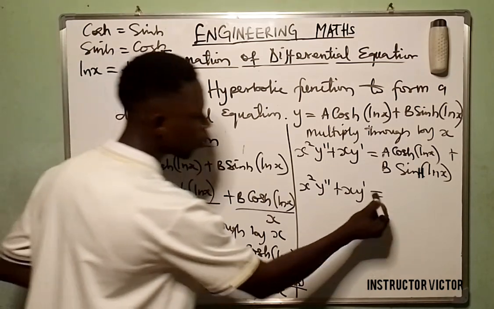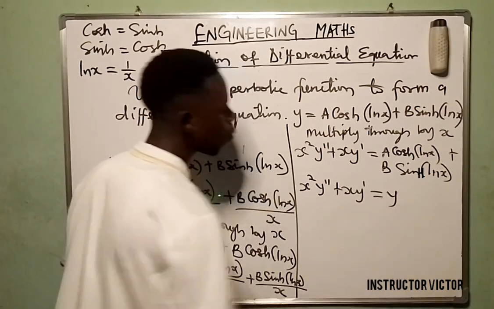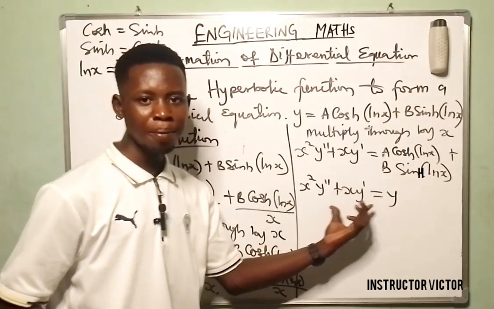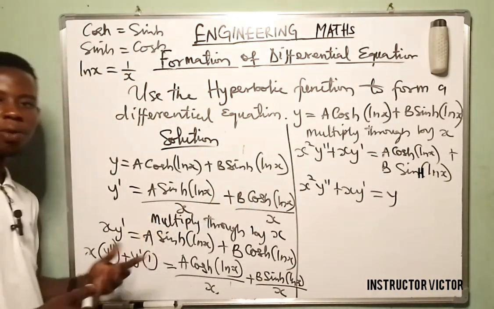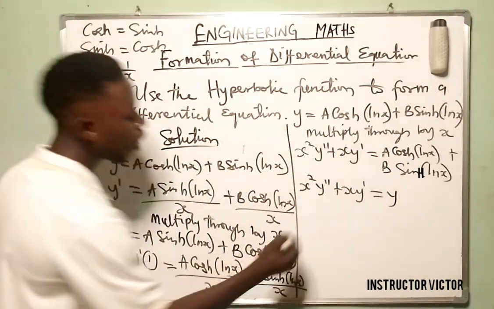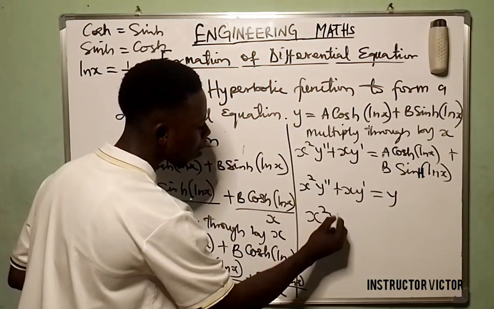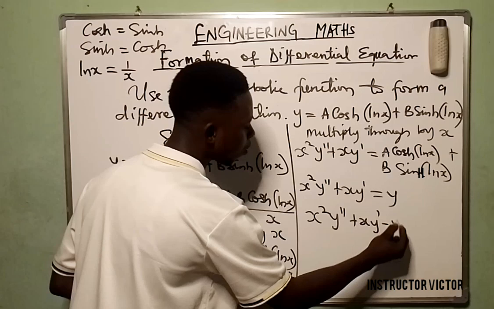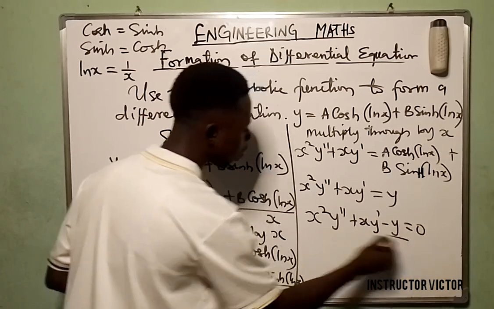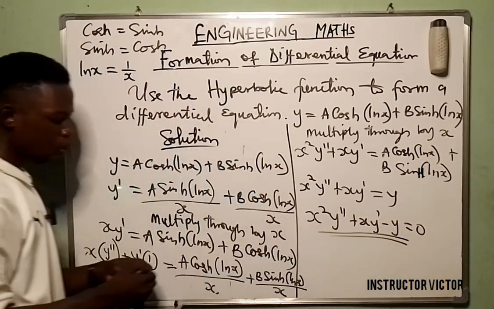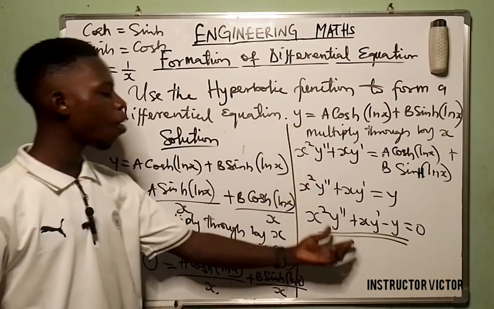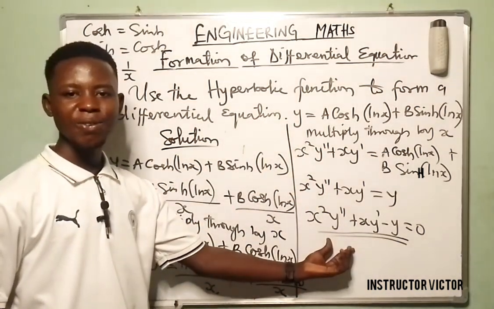So you have it to be equal to y. So you can see you have eliminated your constant using that particular approach which I have used. Now you have your final answer to be x square y prime prime plus x y prime minus y equal to what? 0. So this is how we have used our hyperbolic function to form a differential equation.